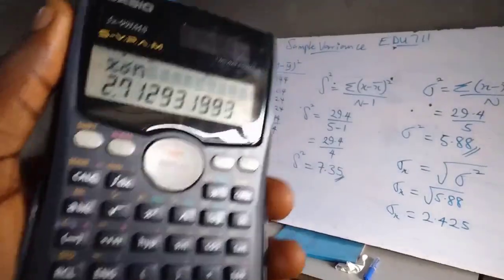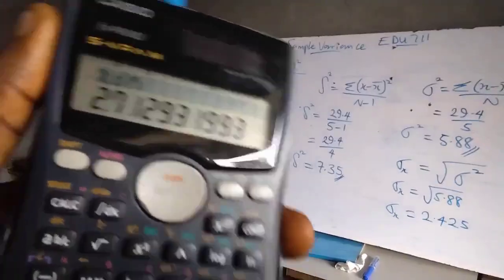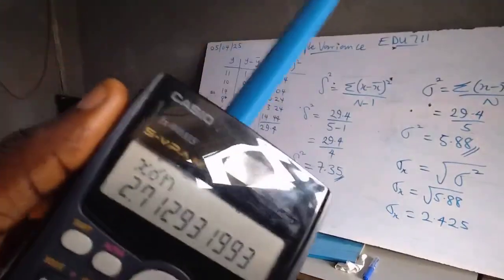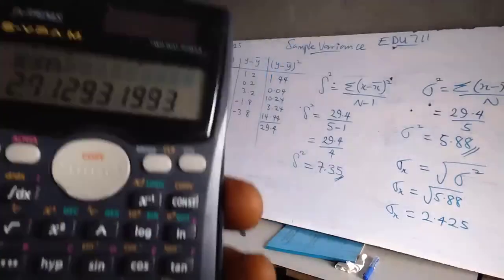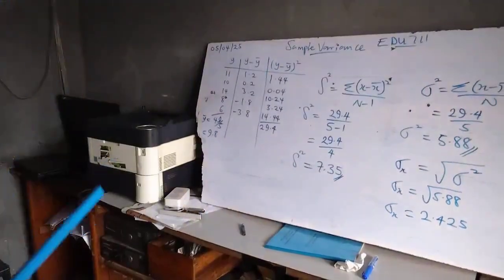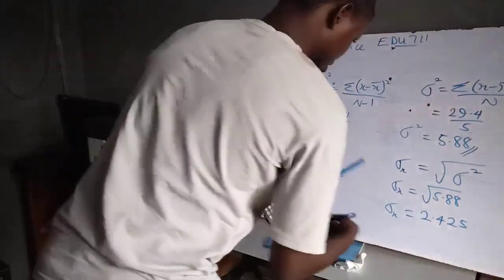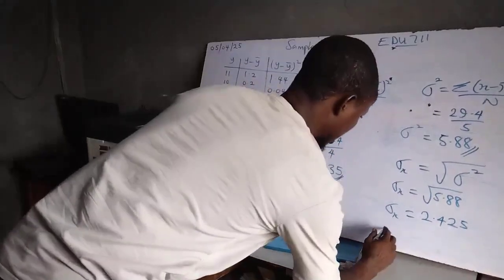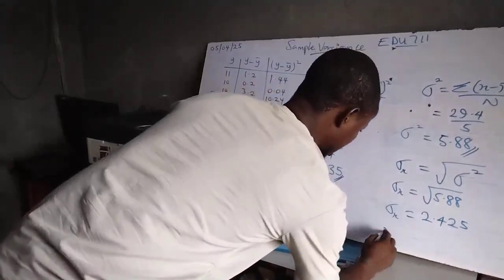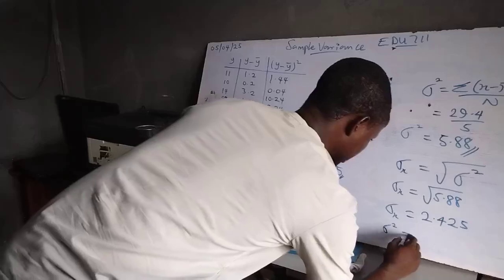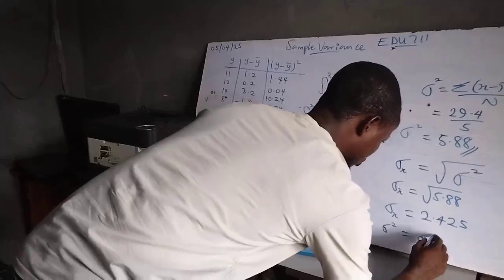So for this population standard deviation, to get your population variance, population variance is the same thing as the standard deviation squared.